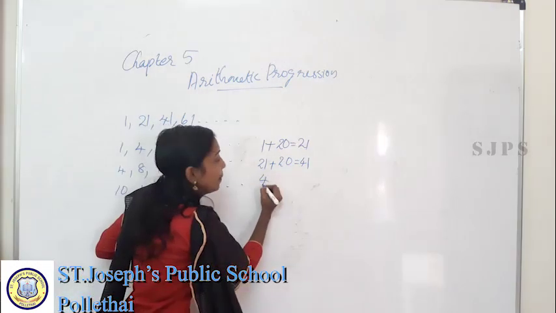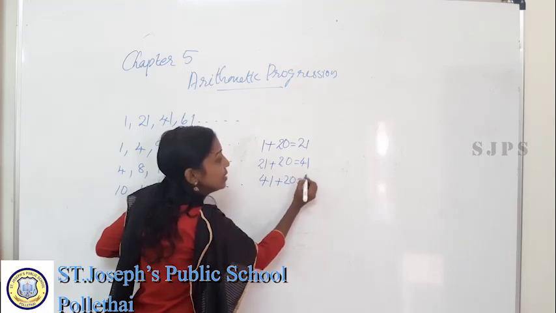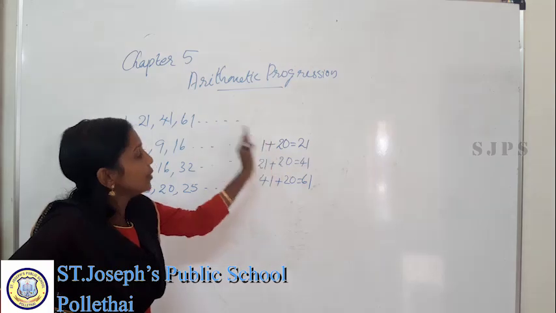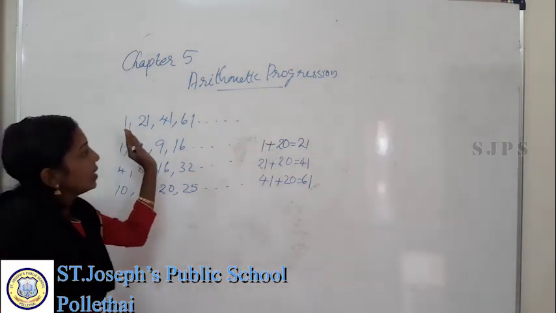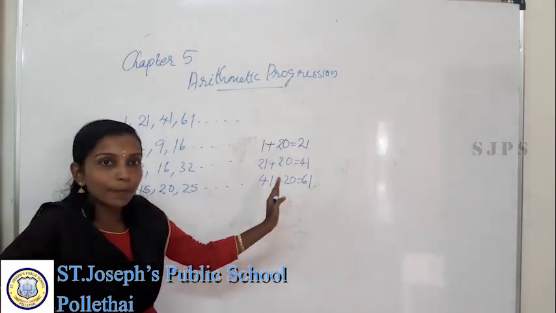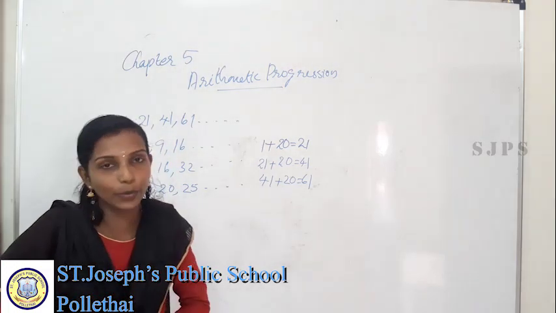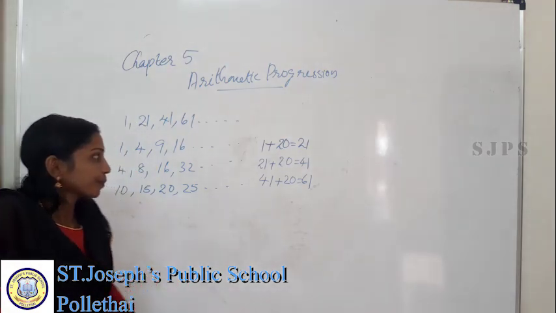Then 41 plus 20 we get 61. A fixed number is added to the preceding number to get the successive numbers. This type of number pattern is called an arithmetic progression, or AP.